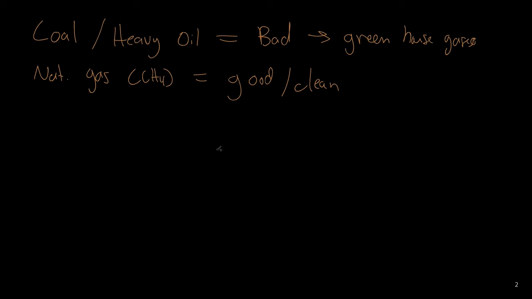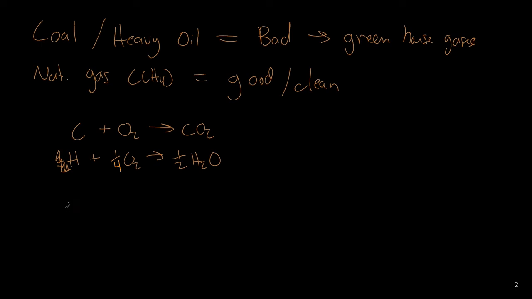Now, using the combustion reactions that we saw on the previous page, it can make a lot of sense as to why. All of the carbon in the system forms CO2, whereas the hydrogen will just be used to form water.